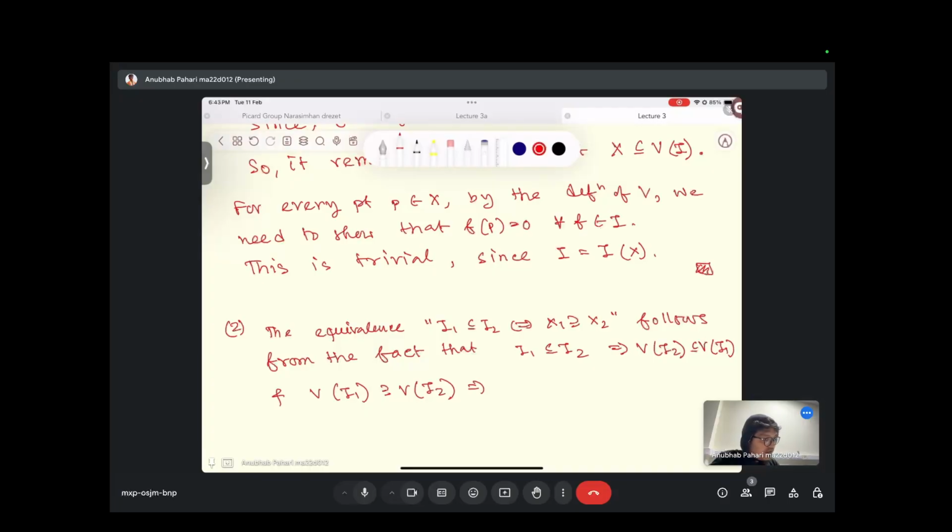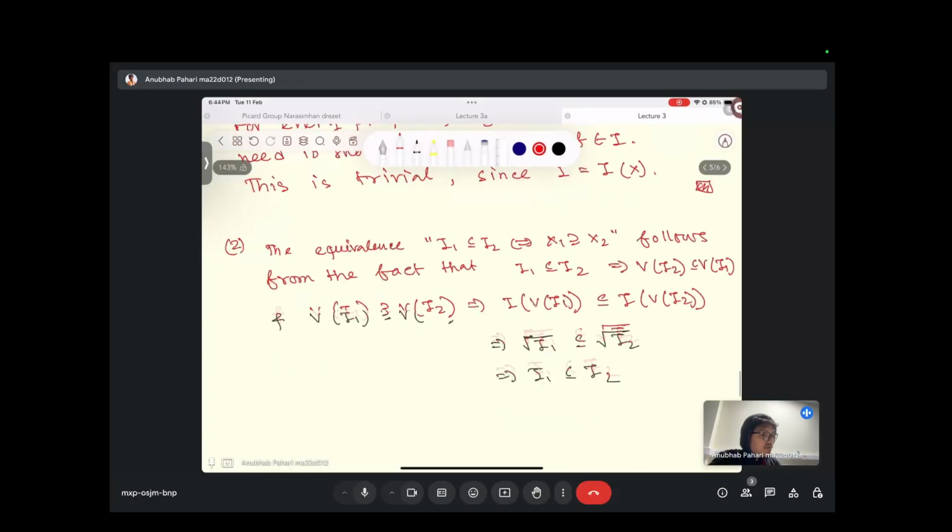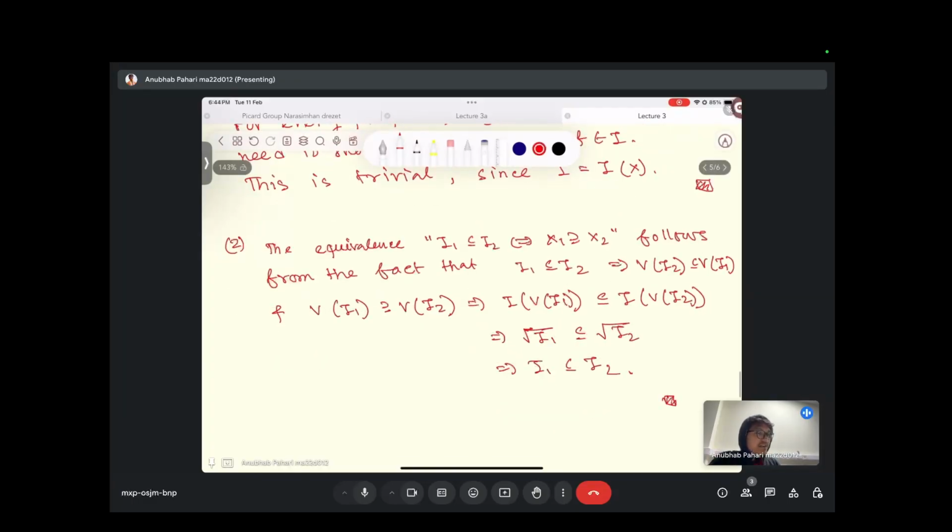This implies I(V(I1)) and I(V(I2)) are nothing but radical of I1 and radical of I2, which are I1 and I2 since they are radical ideals. The converse part one can try for themselves.